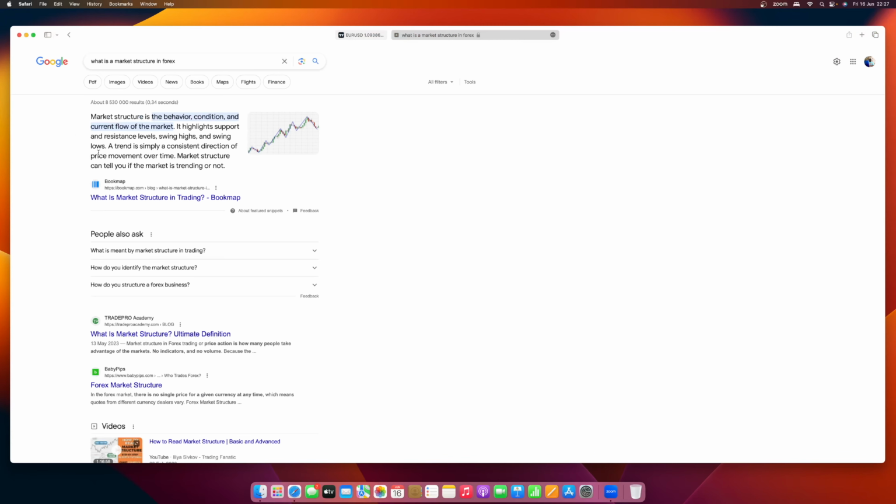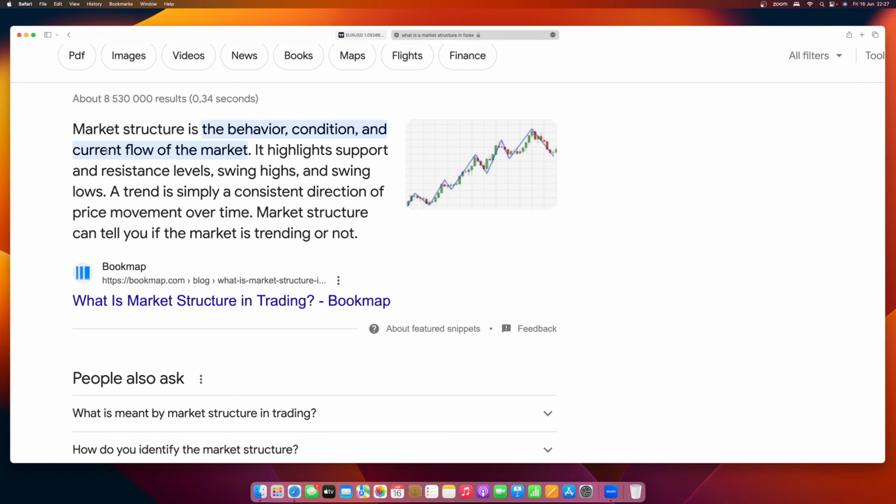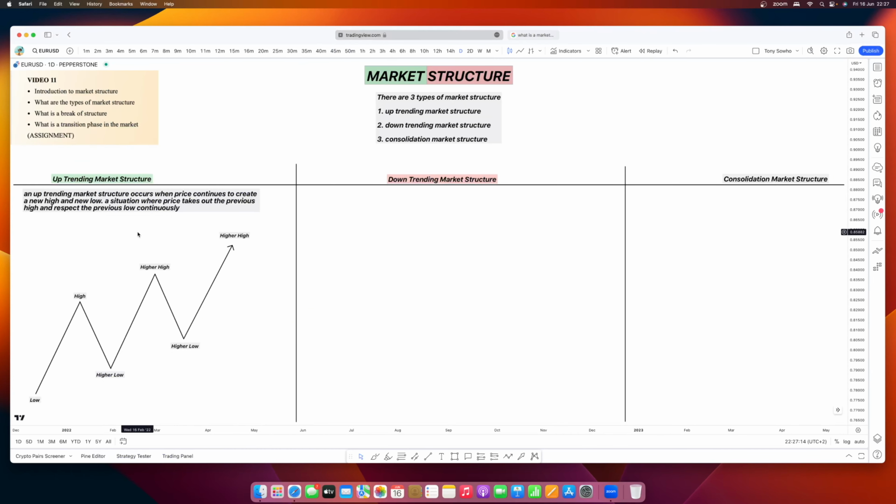Now it says market structure is the behavior, condition, and current flow of the market. It highlights support and resistance. Let's start with that. Support means, like where I am, in my office here now, the floor is serving as my support. I cannot go below this floor. Now, in the same office, I have a ceiling.